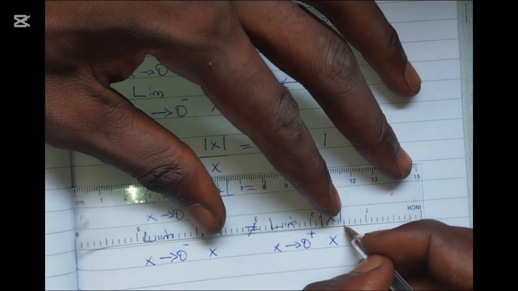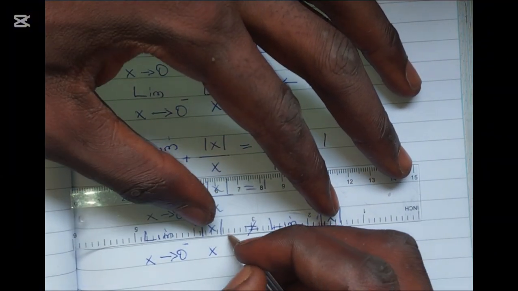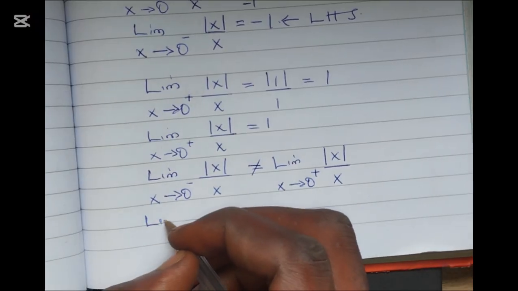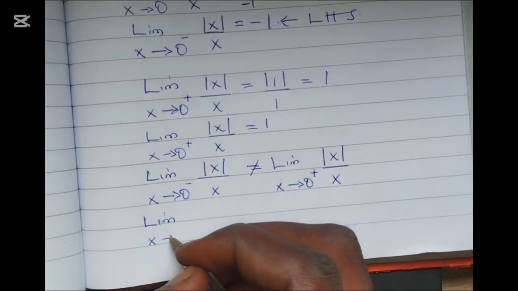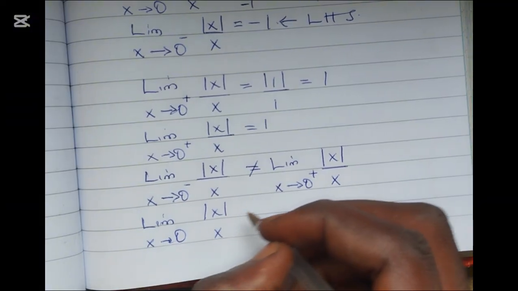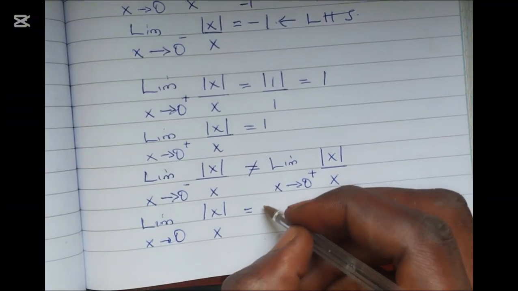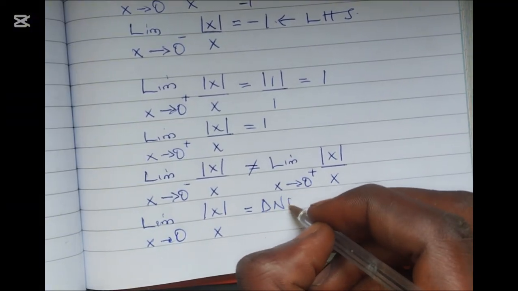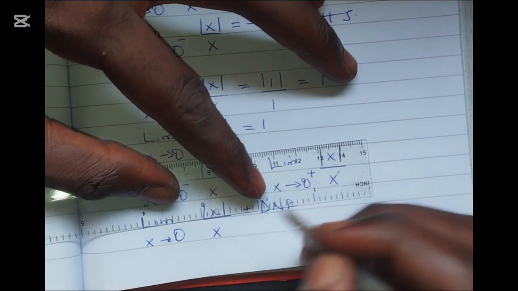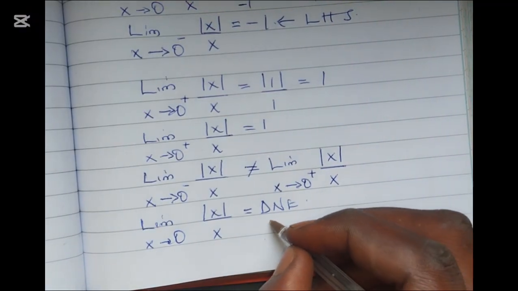So this will make us say that the limit as x goes to 0 of the function does not exist. DNE stands for does not exist.